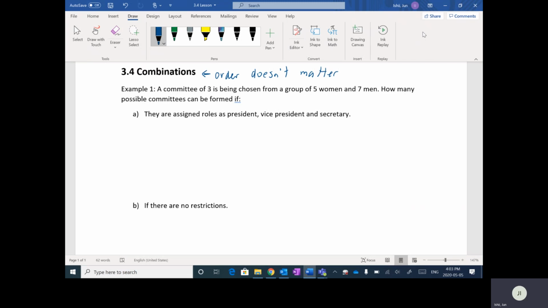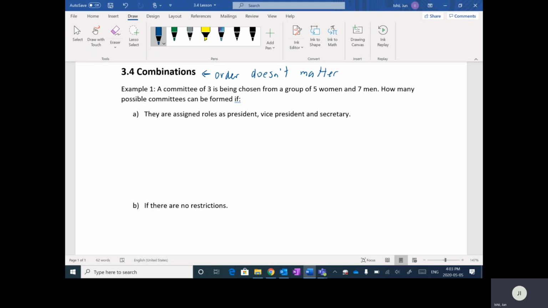We have a committee of 3 being chosen from a group of 5 women and 7 men. So we want to make a committee of 3, and we have 5 women and 7 men to choose from. We want to know how many possible committees can be formed. For part A, they are assigned roles as president, vice president, and secretary.